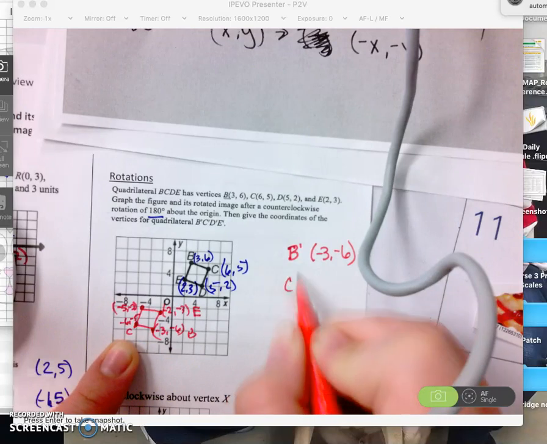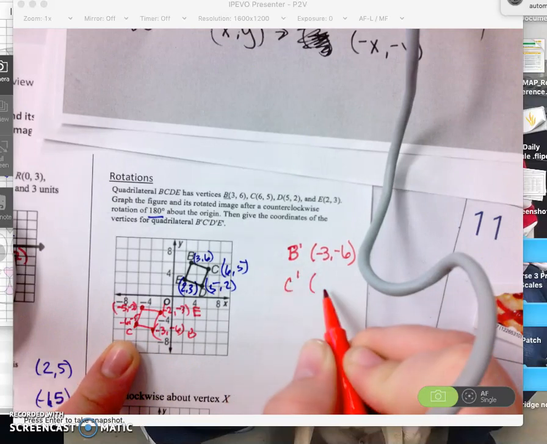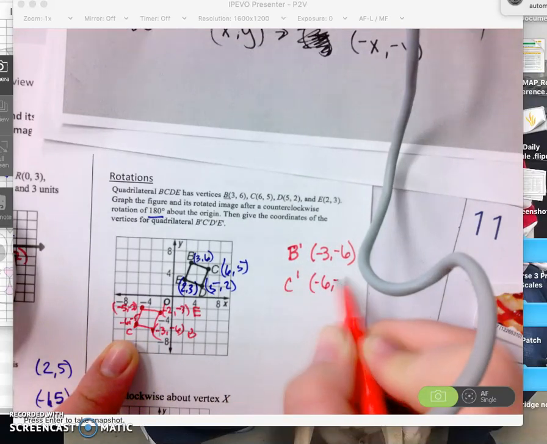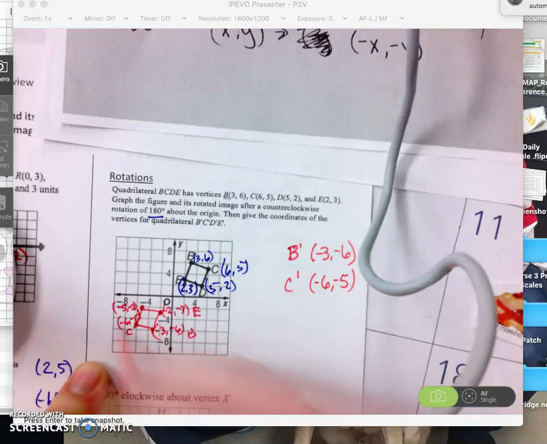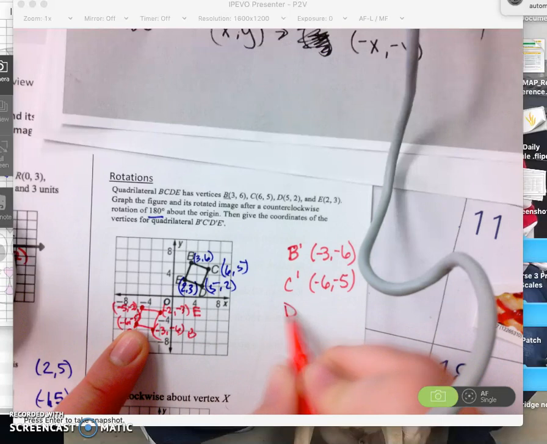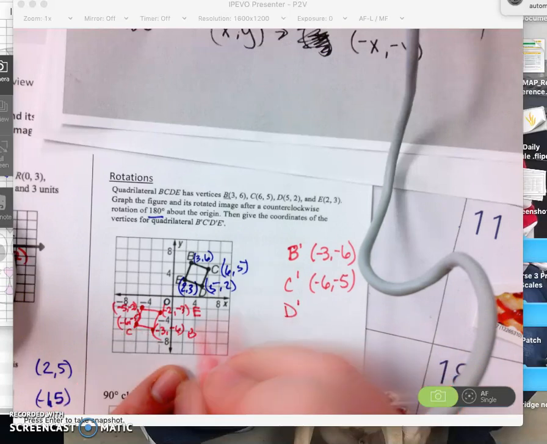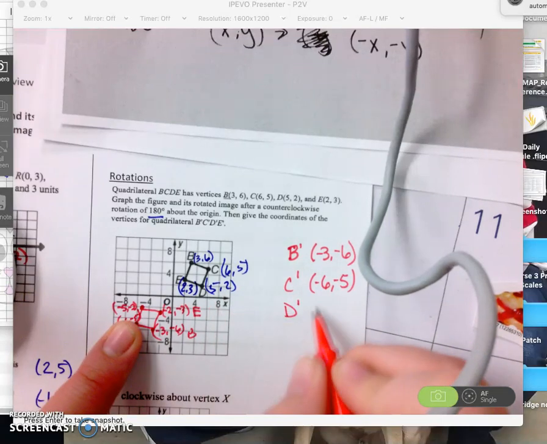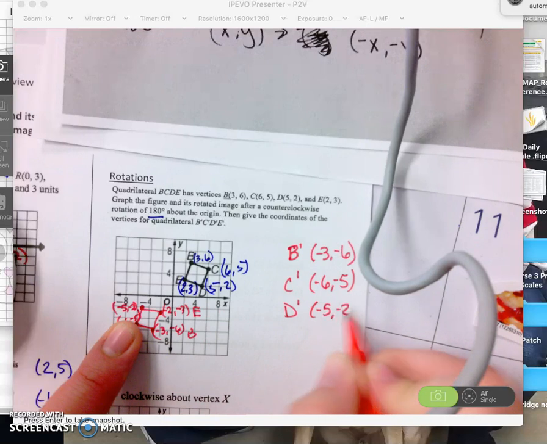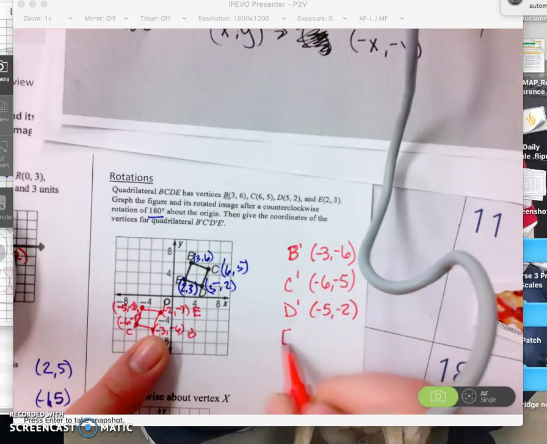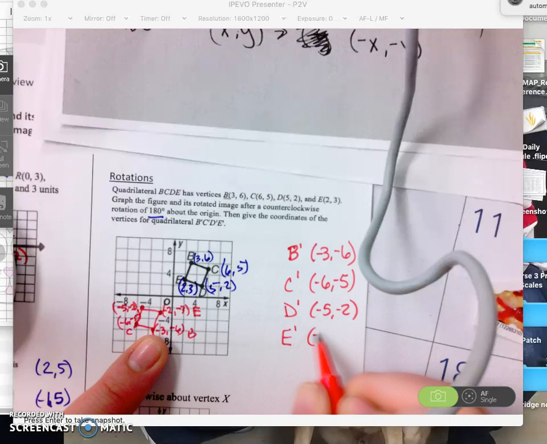And then C prime is -6, -5. See, it's a little messy over here, so I'm going to want to show it over here. D prime is -5, -2, and then E prime is -2, -3. Remember, just negating.